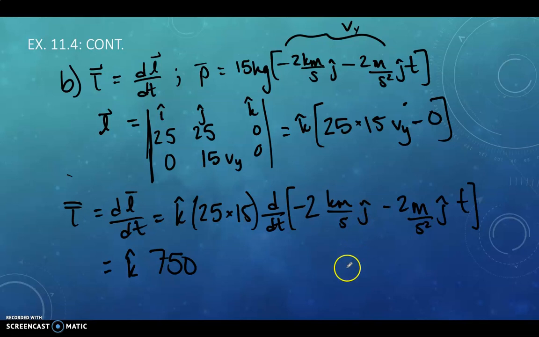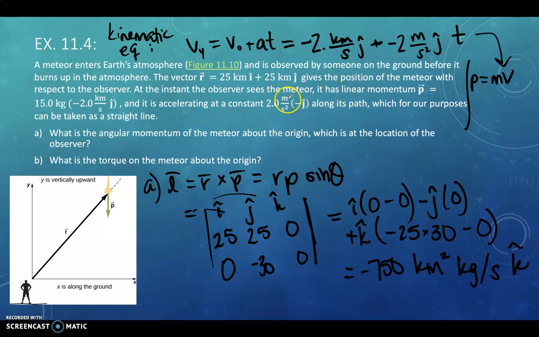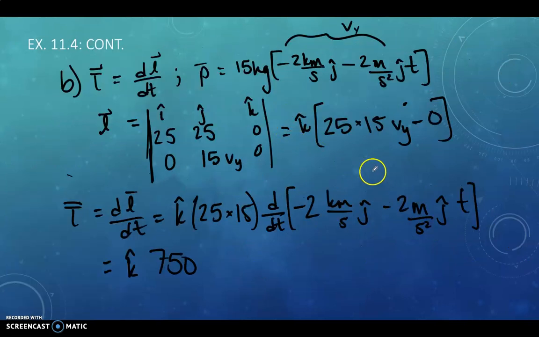Is this in meters or kilometers? This is in meters. So we have meters per second squared. We already took care of the j's here, so this doesn't need to be there.